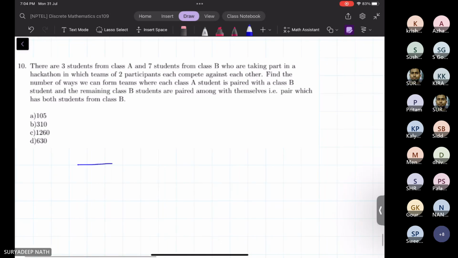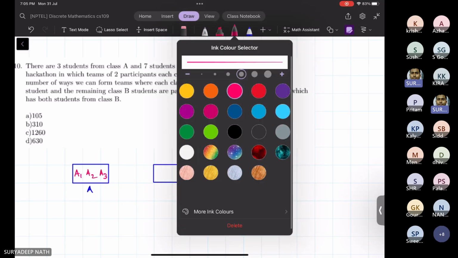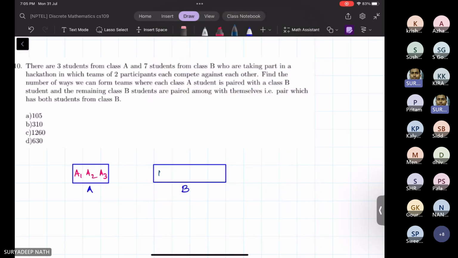You have class A and class B. Here you have 3 students, A1, A2, A3, and here you have B1, B2, B3, B4, B5, B6, B7. So you have seven students in class B.